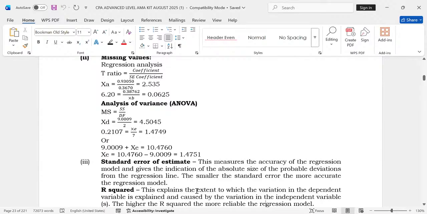This explains the extent to which the variation in the dependent variable is explained and caused by the variation in the independent variables. I'll repeat. This explains the extent to which the variation in the dependent variable is explained and caused by the variation in the independent variables.